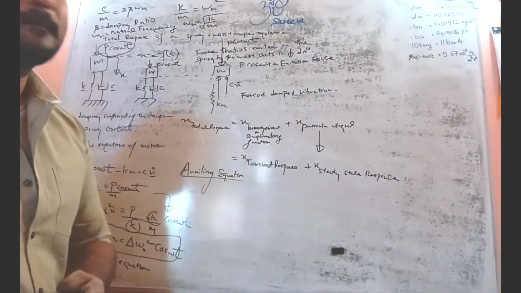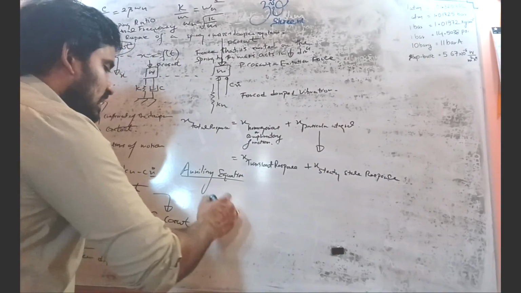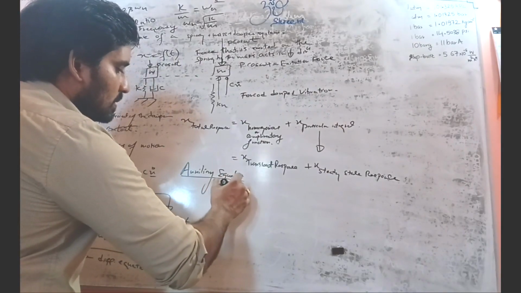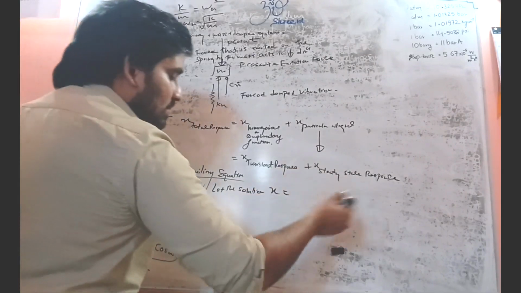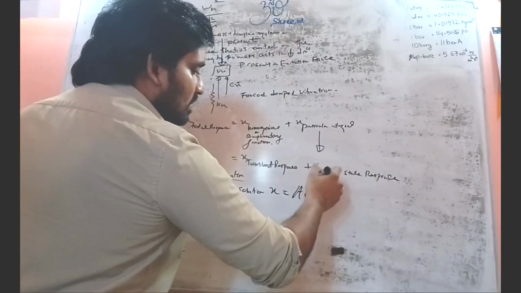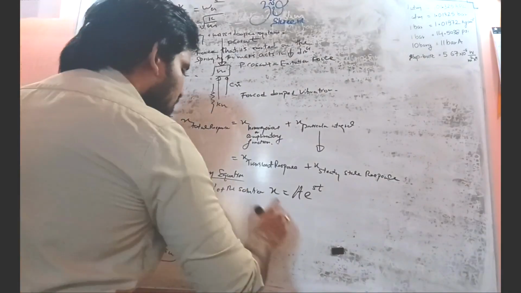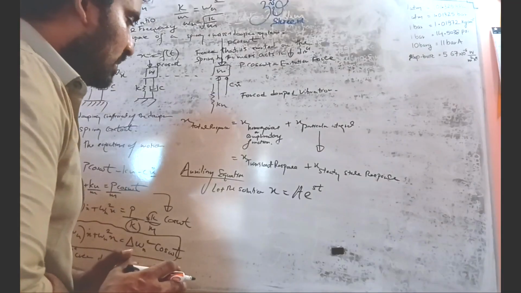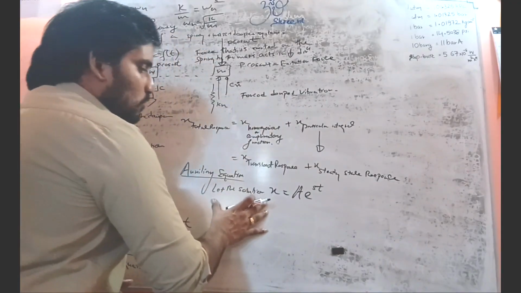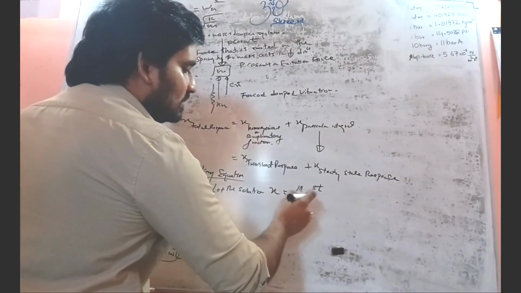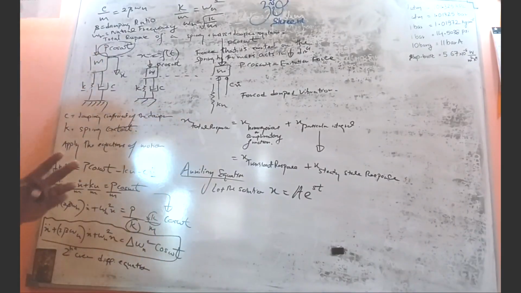Either we can just say let the solution x be some constant a to the power st. We can either take the approach like that, or we can directly use the D operators.